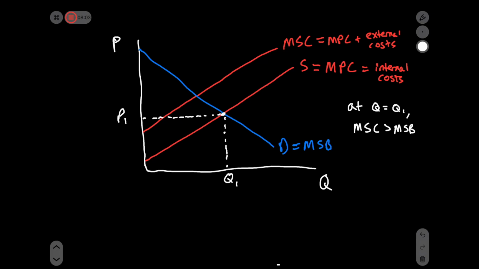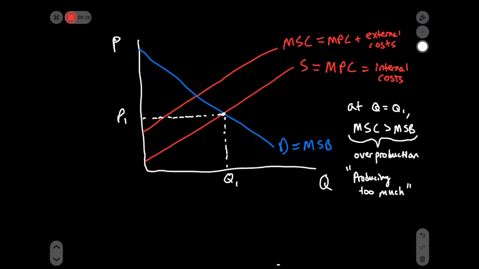And what would this indicate to you? This would indicate that we are currently in overproduction. In other words, we are producing too much. And where is the efficient market outcome?